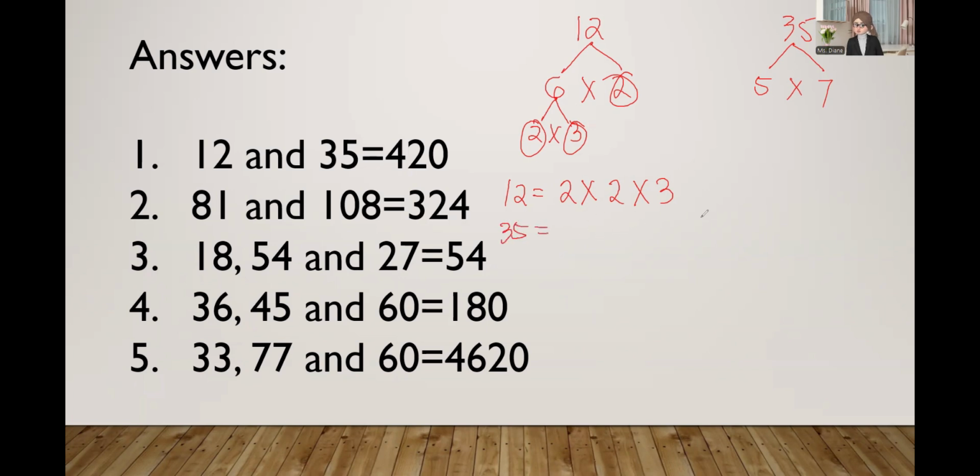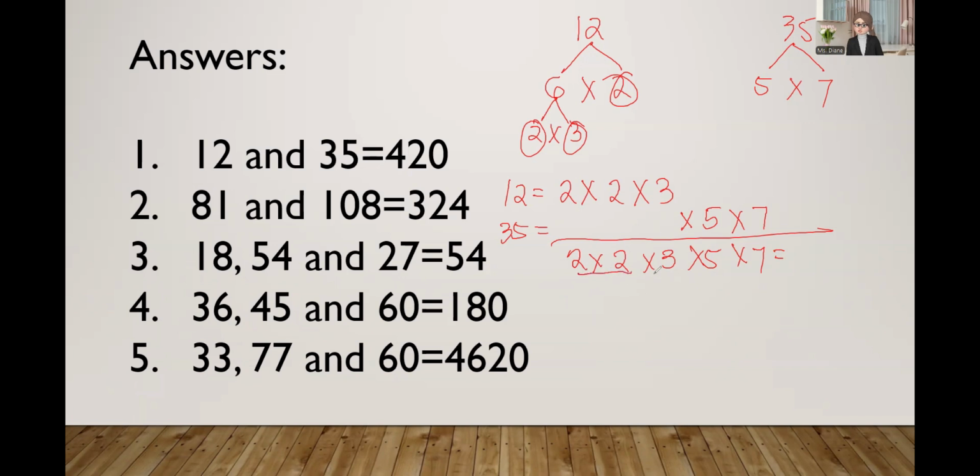Since we are going to list down 5 and 7 here, just bring down 2 times 2 times 3 times 5 times 7. So what is 2 times 2?